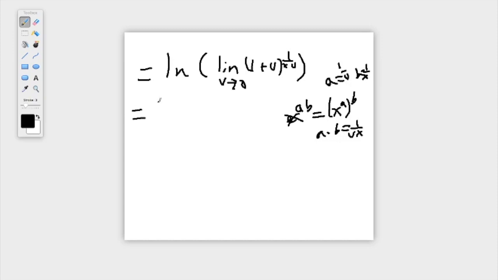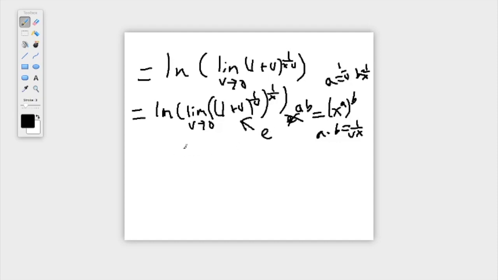So this is equal to ln of the limit as u approaches 0 of 1 plus u to the 1 over u, all to the 1 over x. So we already know that this part is e. So we basically don't need a limit anymore. Sorry about that.